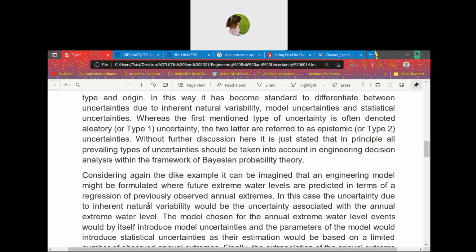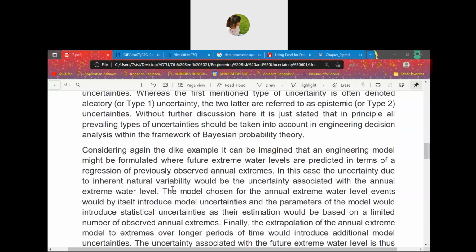In this case, the uncertainty due to inherent natural variability would be the uncertainty associated with the annual extreme water level. So here you can relate the inherent natural variability with the annual, that is the yearly, extreme water level that takes place.